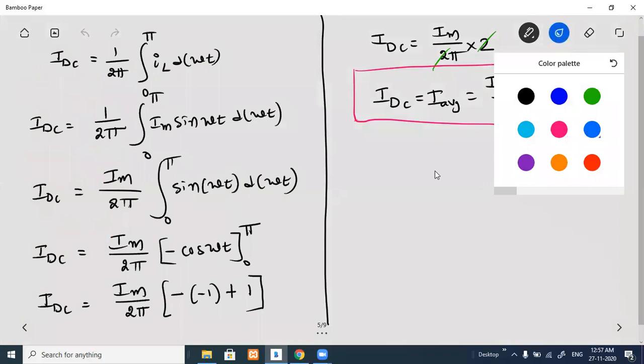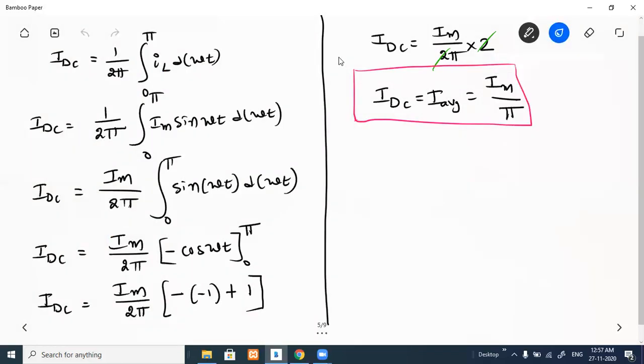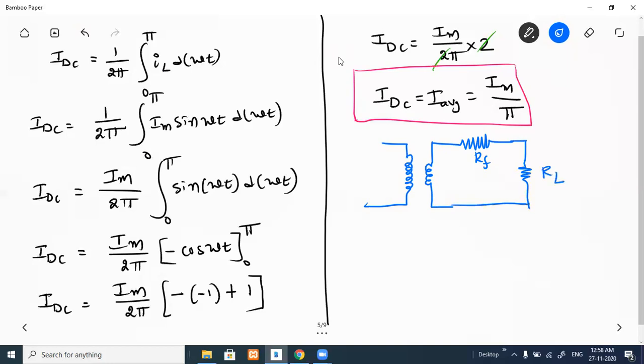For that, draw the half-wave rectifier when the diode is forward biased. Here it is the half-wave rectifier with diode forward bias: a step down transformer and a diode which is forward biased. I am representing the diode with the forward resistance RF, and the load resistance RL. At the primary we apply our AC signal, that is 230 volts, 50 Hz AC supply.